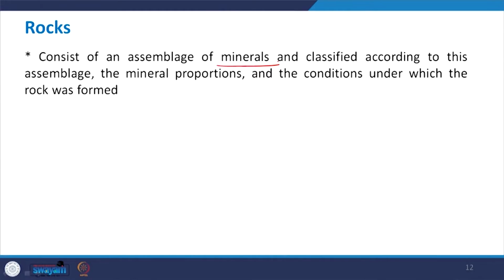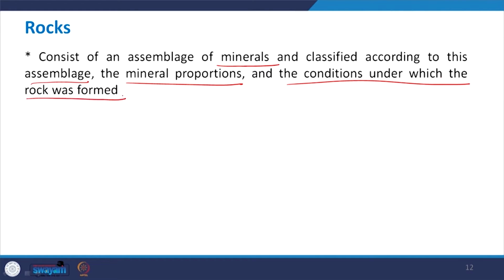Now, coming to these rocks, as I was mentioning, they are the assemblage of minerals, and they are classified according to this assemblage, their mineral proportions and the conditions under which the rock was formed.